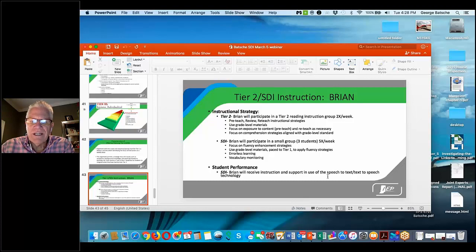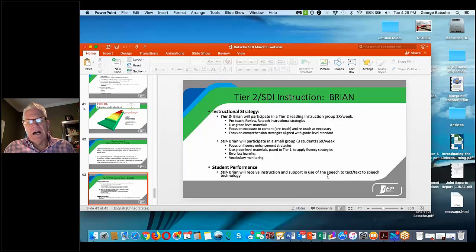They're focusing on comprehension strategies aligned with grade level standards. So the reading specialist is utilizing collaborative strategic reading and applying it to grade level content. The special ed person is focusing on fluency, utilizing fluency enhancement strategies, and using grade level materials.